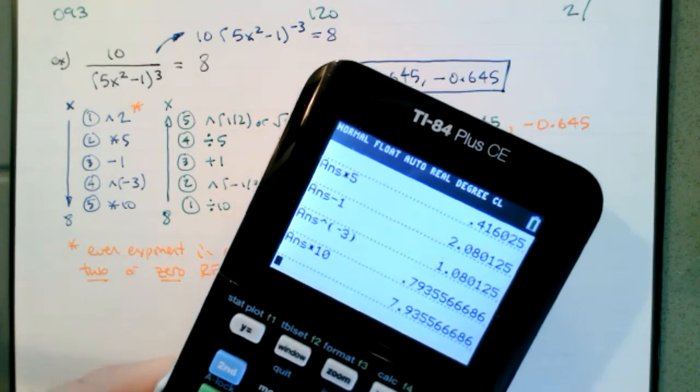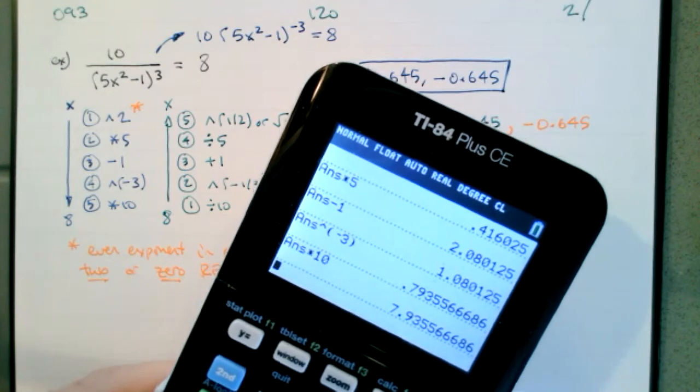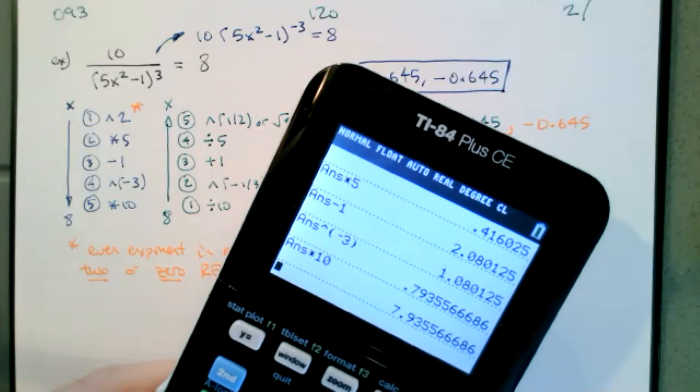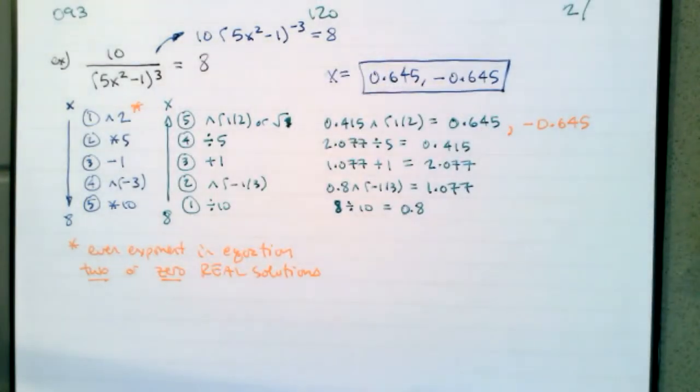I didn't get precisely 8 because I rounded off my 0.645. But if I hadn't rounded it off so severely, I would have come up with 8 exactly. Any questions?